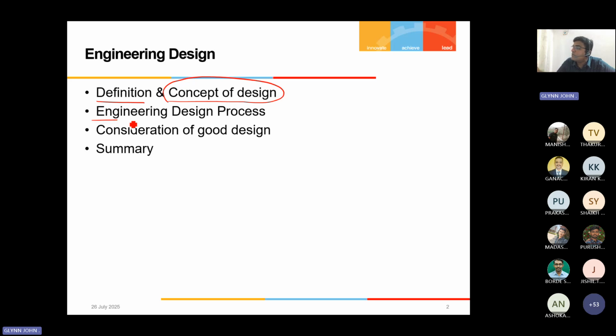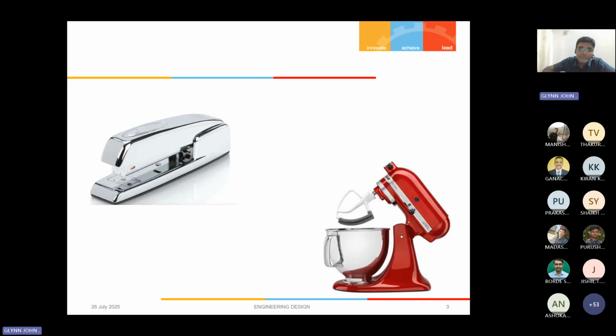Now we'll go through some of the basics of the process. What is a good design, right? Now, if you look at a regular product, for example, here you see a stapler, here you see a dough kneader. If you look at all these products, one thing that you see is that they perform a function, right?